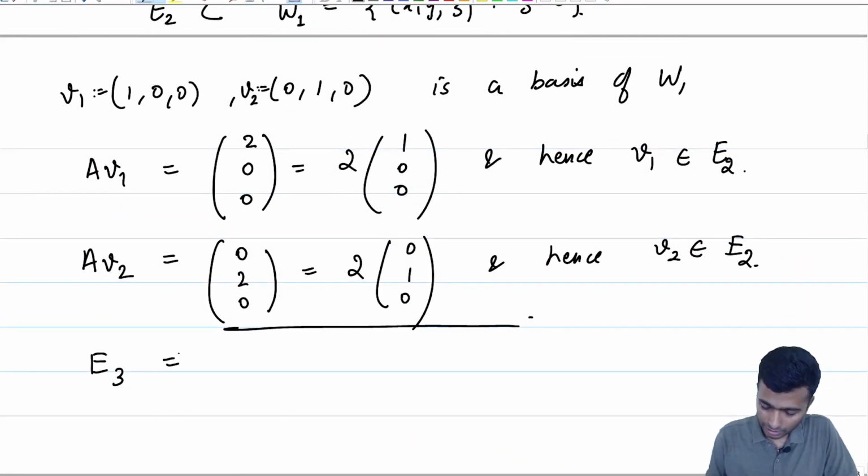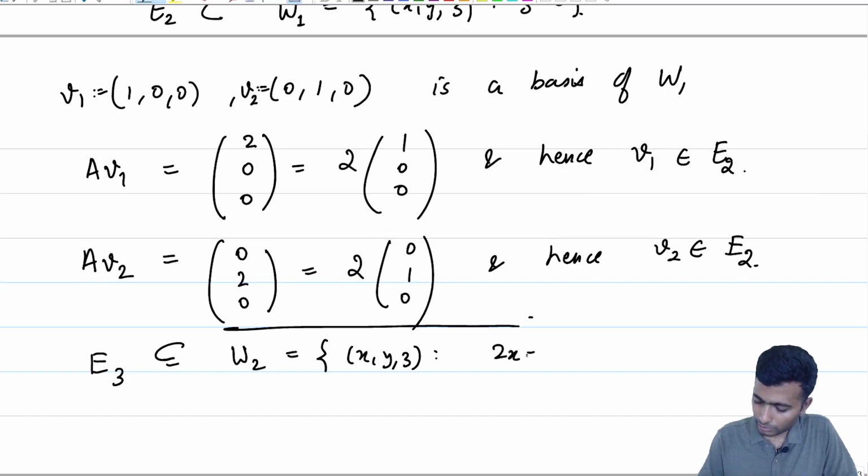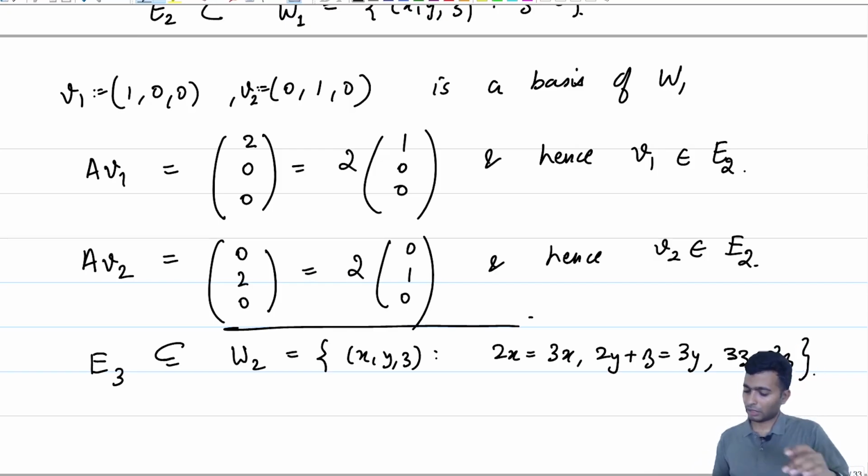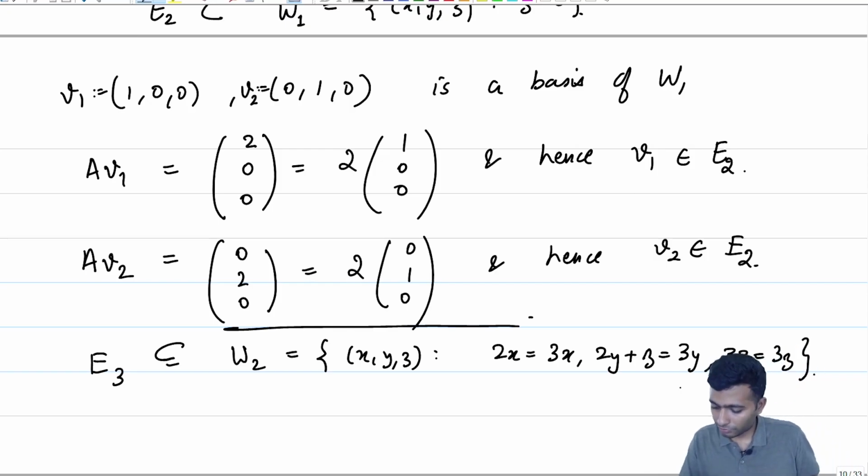So, E3 is contained in the set W2, which is the set of all (x, y, z) such that 2x is equal to 3x, 2y plus z is equal to 3y, and 3z is equal to 3z. So, this just forces y to be equal to z and x to be 0.